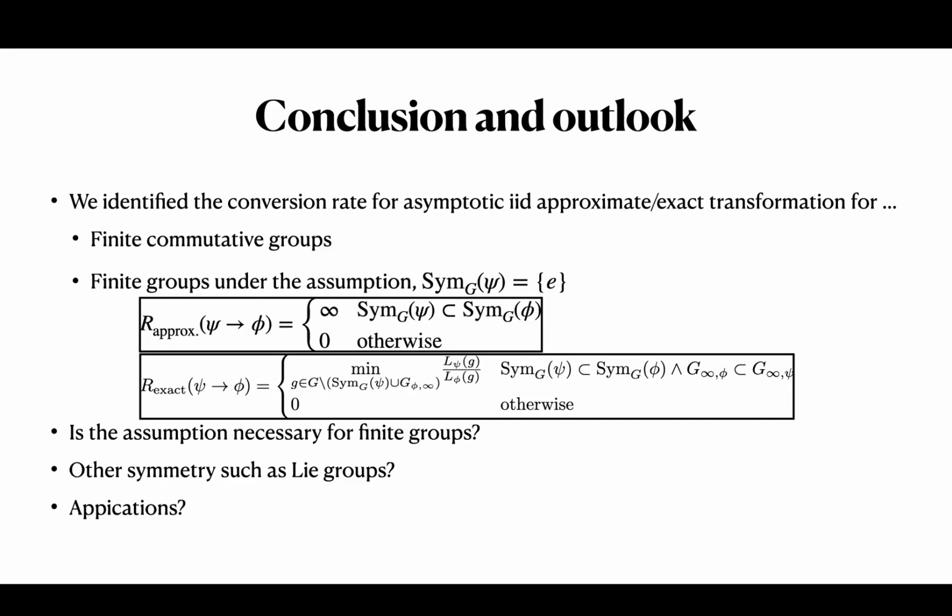Actually, I tried to consider the application to error correction codes or some other resource theory, but it seems that this formulation is not suitable for explaining error correction codes, as far as I considered it.